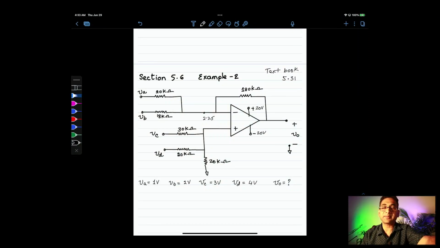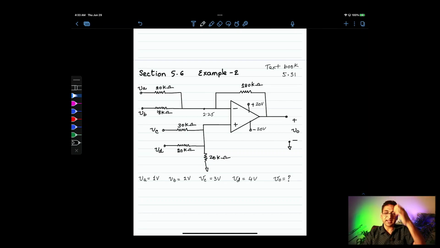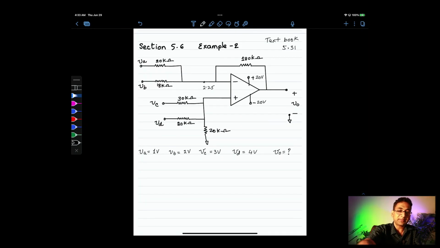So here is the problem. Here is the last problem that we are going to look at in the operational amplifier chapter. This is really a difference amplifier because 2 inputs are applied to the inverting terminal and then more inputs are applied to the non-inverting terminal.